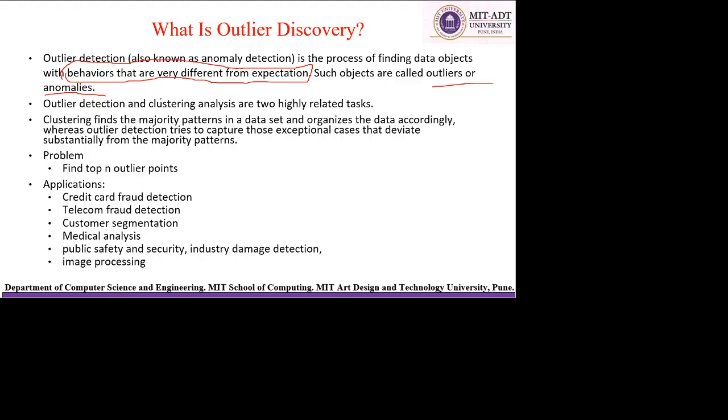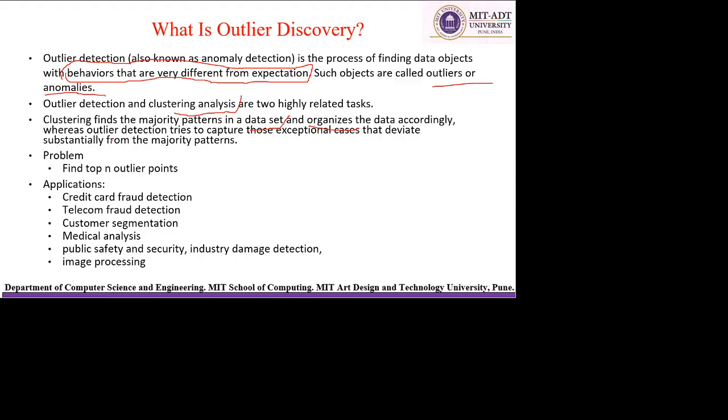The outlier detection and clustering analysis are highly related tasks. In clustering, we find the majority of patterns in the dataset. So based upon the similarity, we have the groupings among them and we organize the data accordingly.